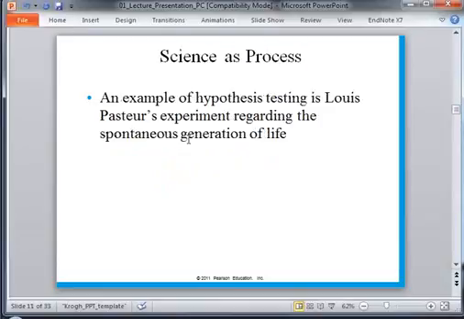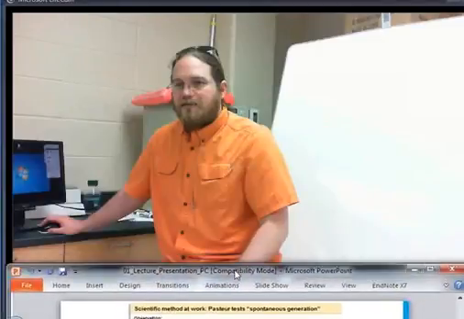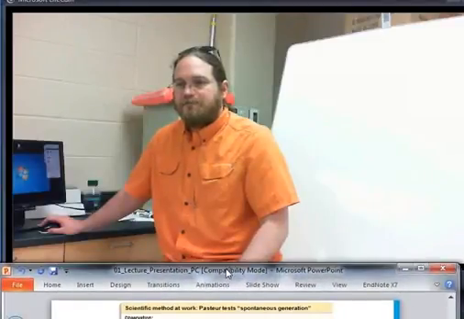And so your book provides you this example of Louis Pasteur's experiment regarding the spontaneous generation of life. And so it gives you this figure, but let's talk about this a little bit and work through it.